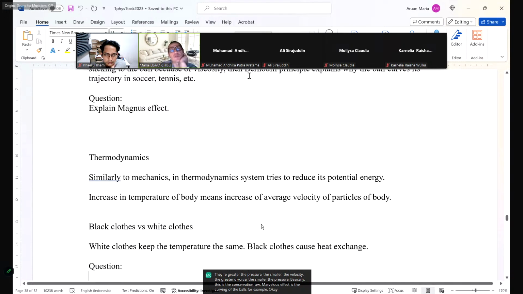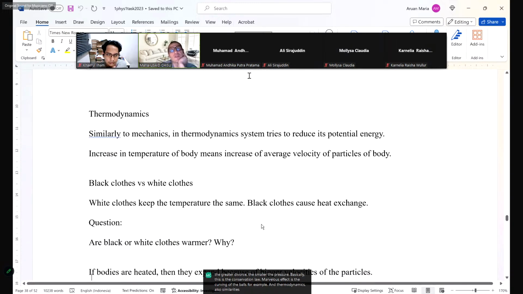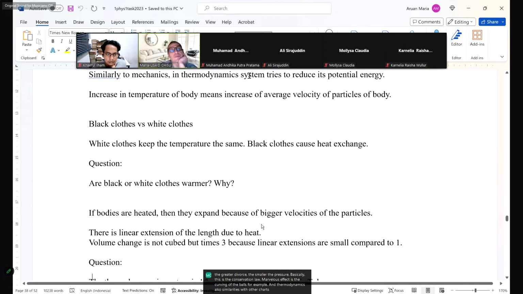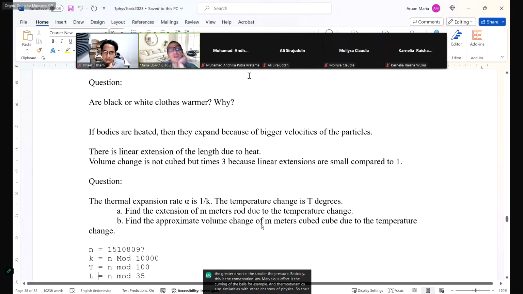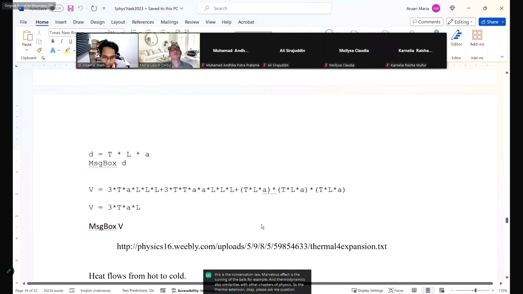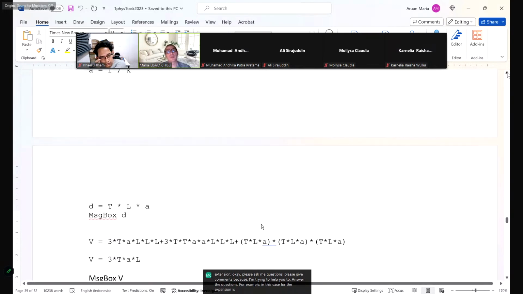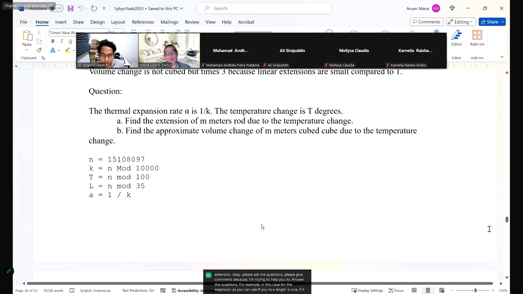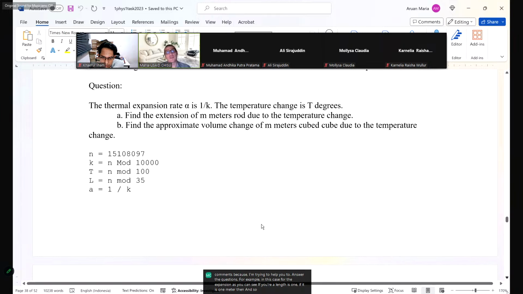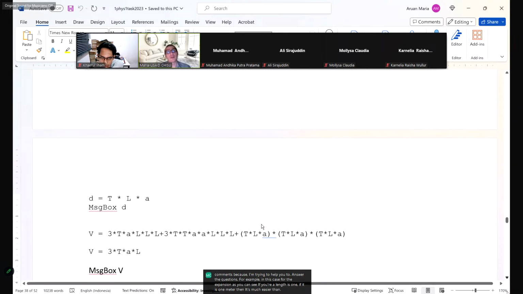In thermodynamics, there are also similarities with other chapters of physics. So the thermal expansion. Okay, please ask me questions, please give comments, because I'm trying to help you to answer the questions. For example, in this case, for the expansion, if your length is 1 meter, then it's much easier. Then the volume will change only 3 times greater.